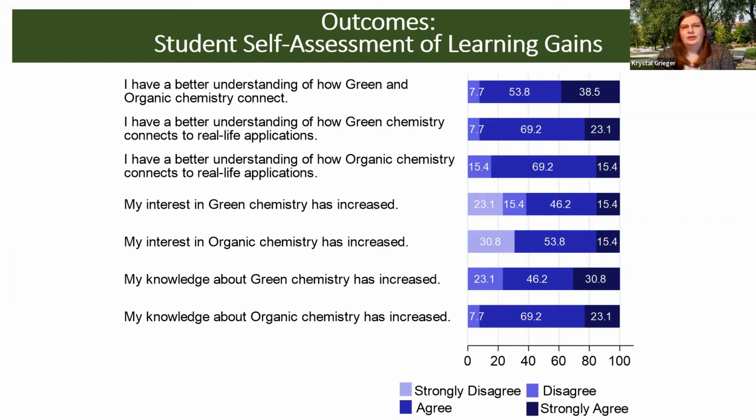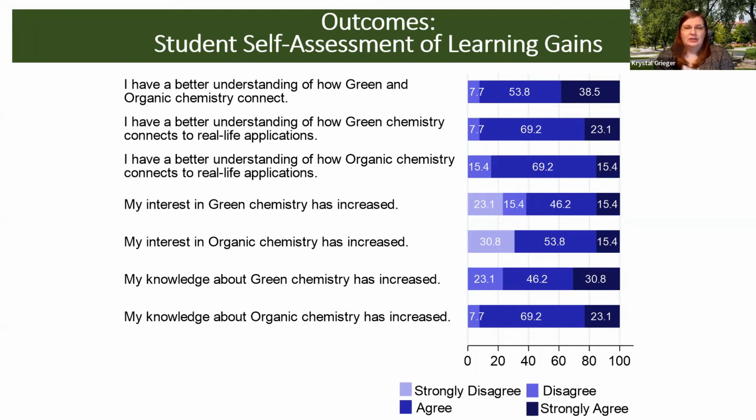One of the things we did was have students give a self-assessment of their learning gains. As you can see, for the most part, students agreed that they had a better understanding of how green and organic chemistry connect, because they had to actually research those connections. They indicated that they had a better understanding of how both green chemistry and organic chemistry relate to real life applications.